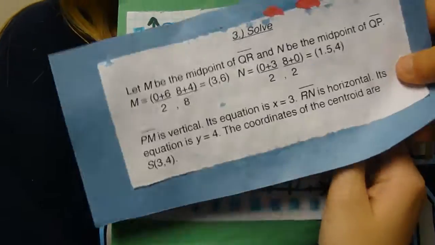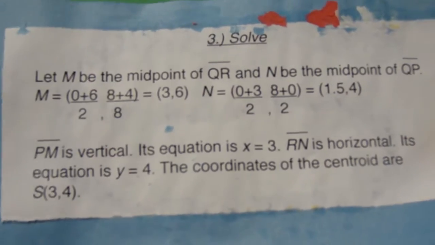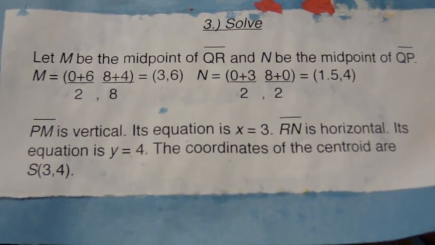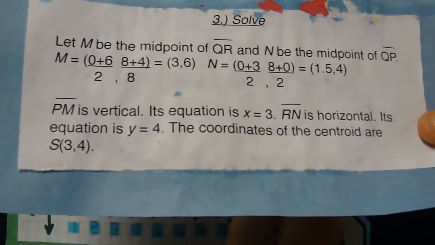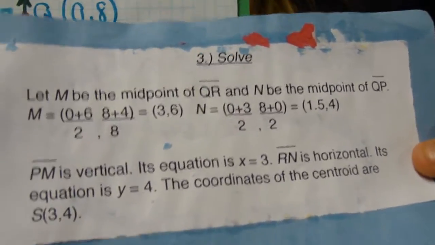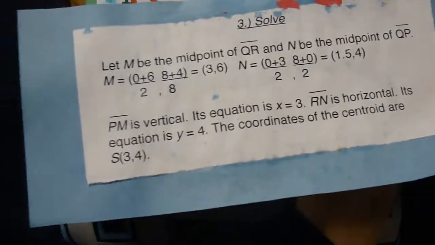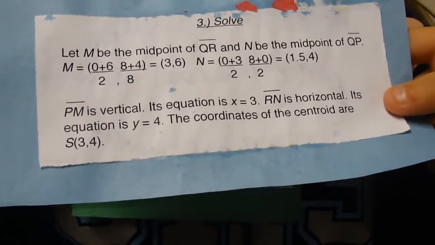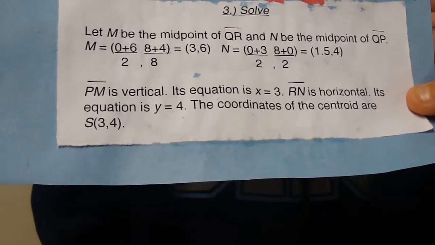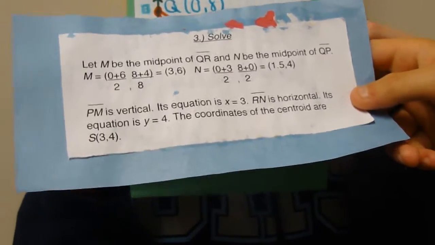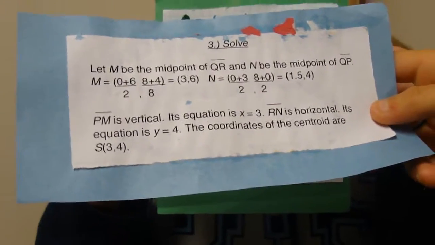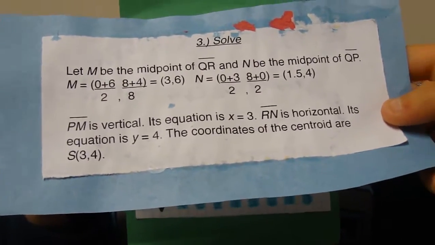This is what the equations would look like, and this would be how you solve it. Never mind the glue, we had a little malfunction here at Wacky Math Facts. Let M be the midpoint of QR and N be the midpoint of QP.